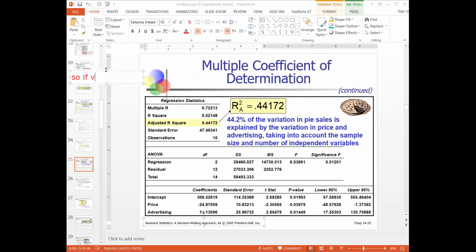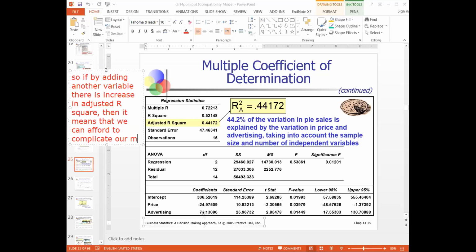So if by adding another variable there is an increase in adjusted R square, then it means that we can afford to complicate our model, because the gain from the new variable is more than the cost of complication from that new variable.